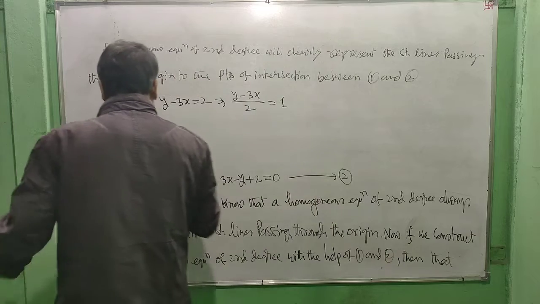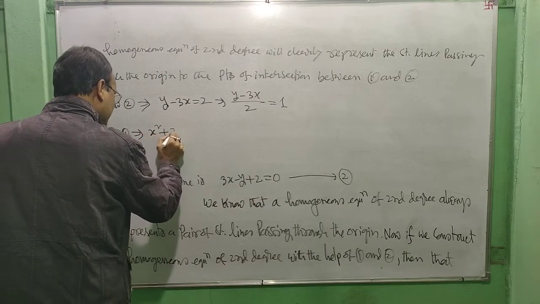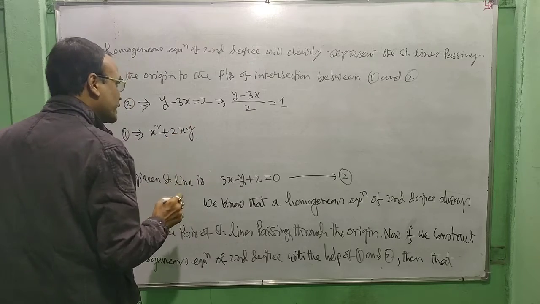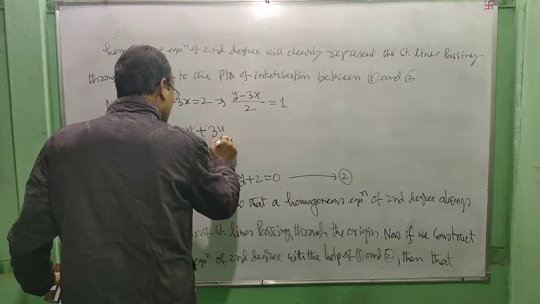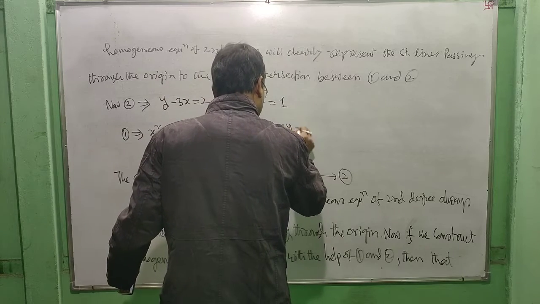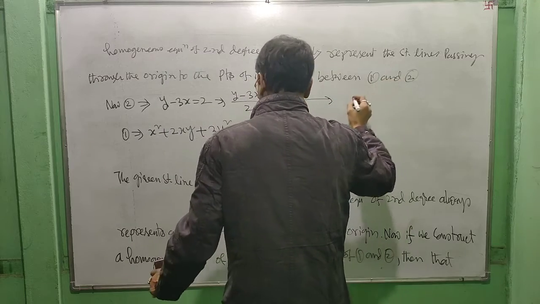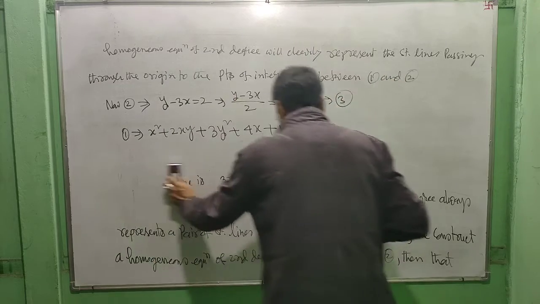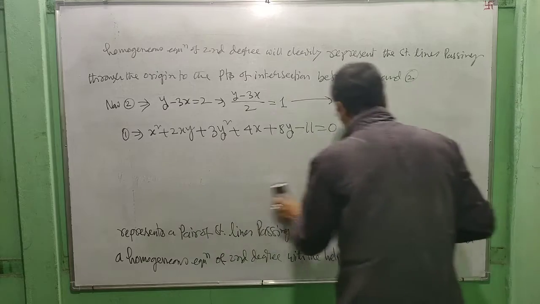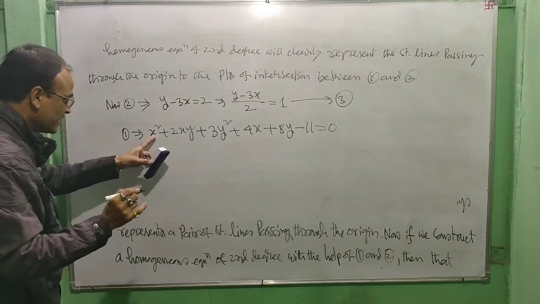Now 1 implies x square plus twice xy plus 3y square plus 4x plus 8y minus 11 equal to 0. Suppose this is number 3. The curve is this. Now see, this is a homogeneous equation.